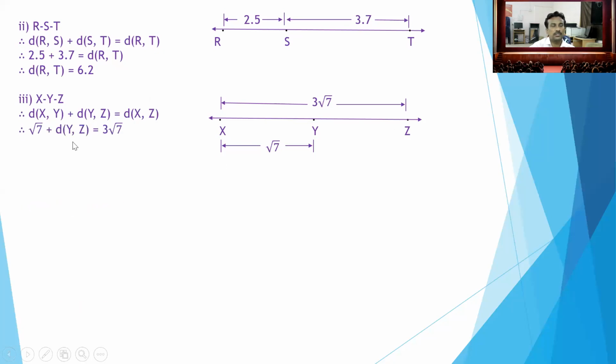Root 7 plus distance YZ is equal to 3 root 7. And distance YZ is equal to 3 root 7 minus 1 root 7, it will become 2 root 7. Therefore, distance YZ is equal to 2 root 7. Got it?